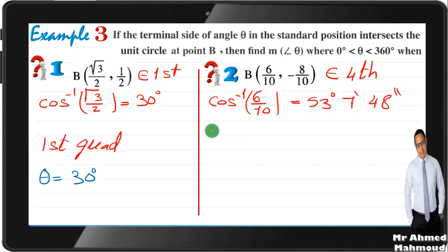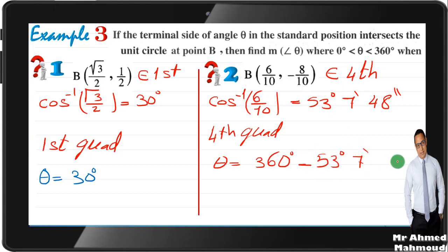In the fourth quad, theta equal 360 minus the smallest angle, which is 53 degrees 7 minutes 48 seconds. It equals 306 degrees 52 minutes and 12 seconds.